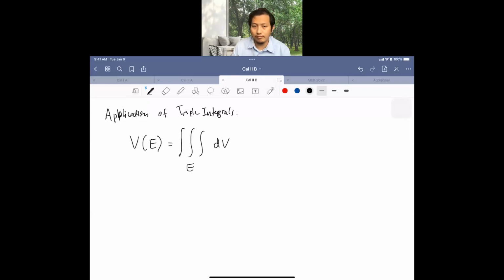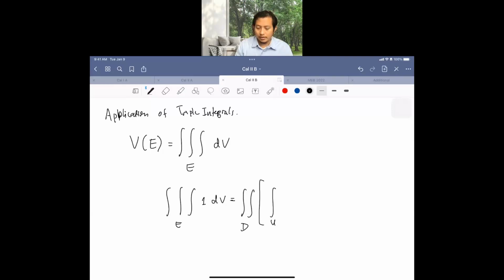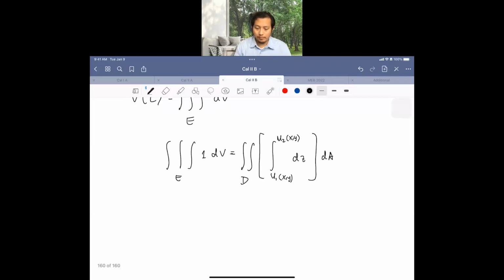Let's start to work on the inside integral, and say this has a lower and upper surface given by functions of two variables. We could write this, integrate, and get the double integral of u2(x,y) minus u1(x,y) dA.